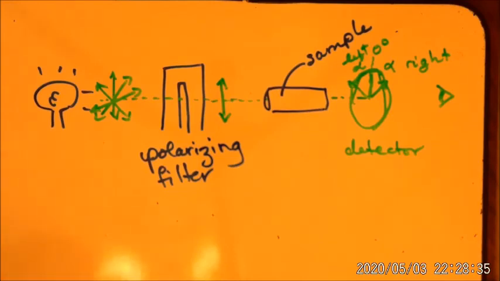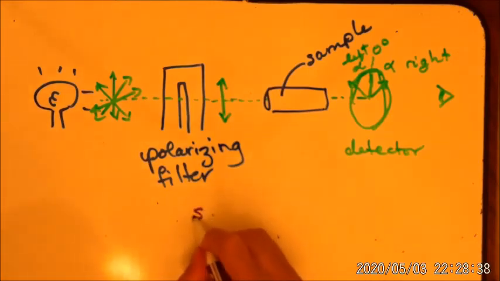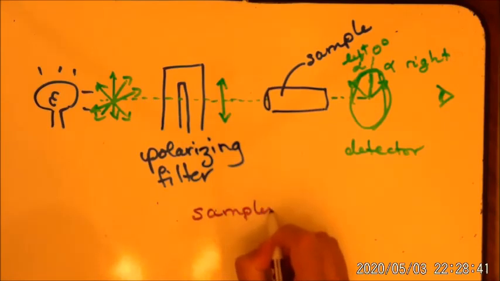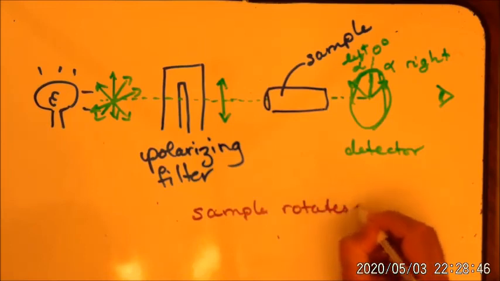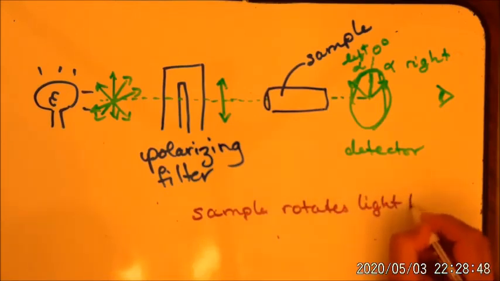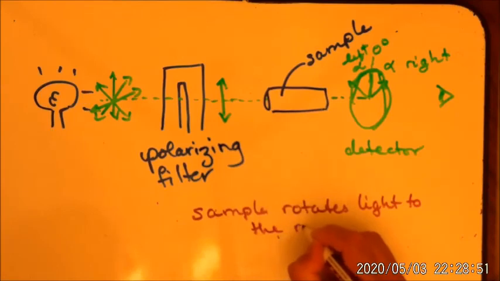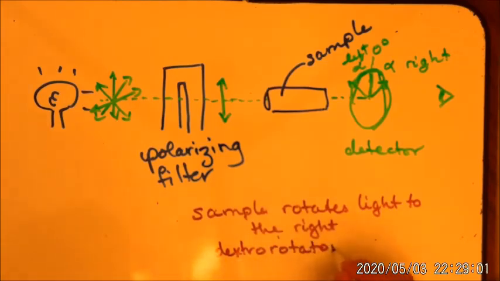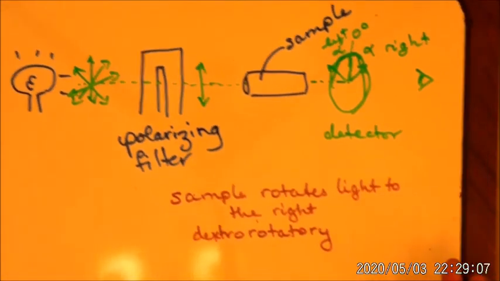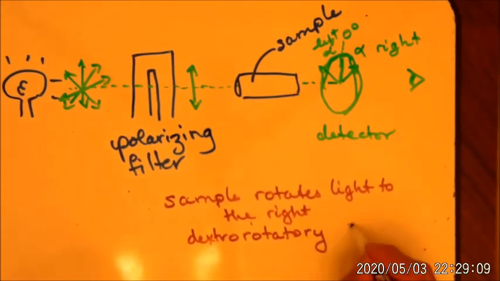If your sample rotates light to the right, you call that dextro, because dextro means right, rotatory. We often designate the actual angle as positive.